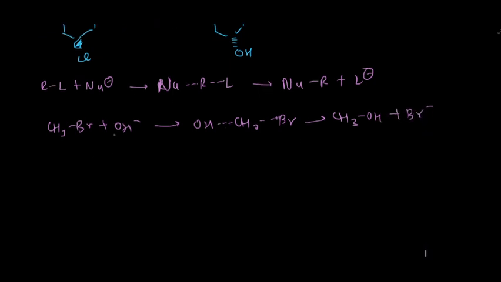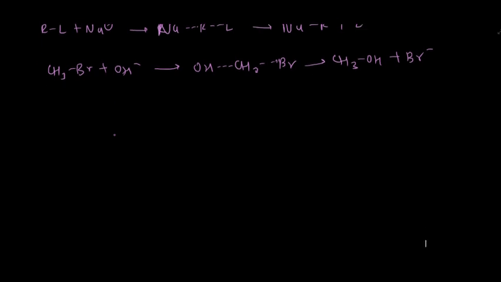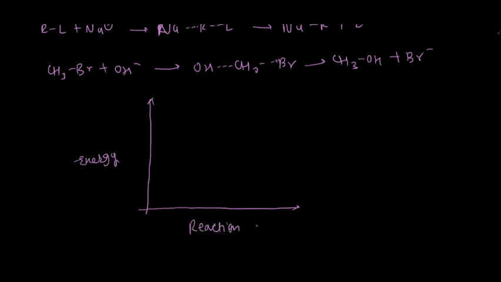So how do we represent the energy diagram? If we try to draw its energy profile diagram, here we have a y-axis, here we have an x-axis, here energy, and here reaction coordinate. Initially it was CH3Br plus OH minus, and it will form CH3OH plus Br minus.